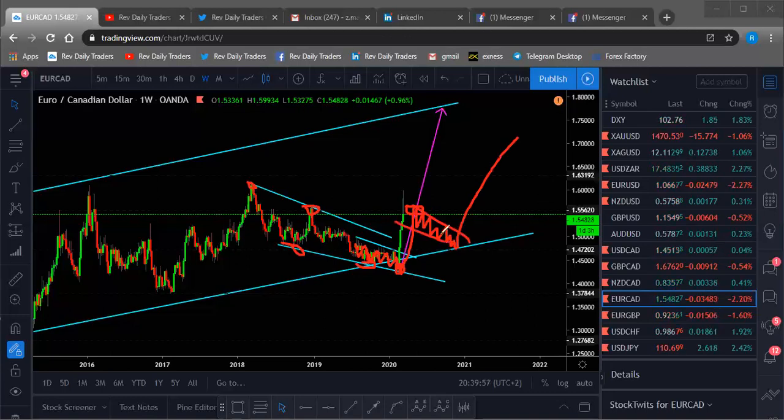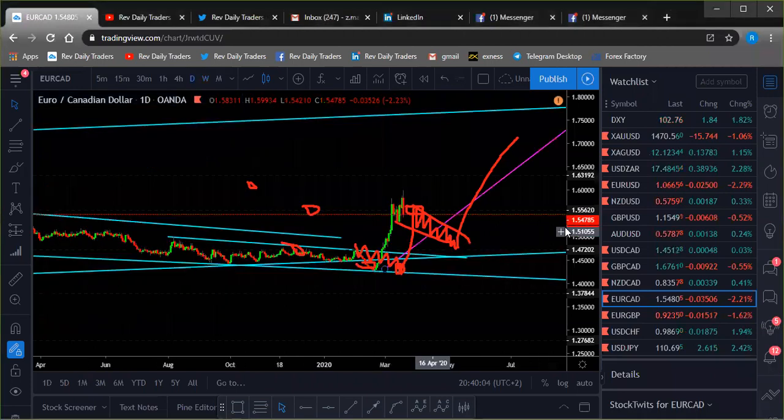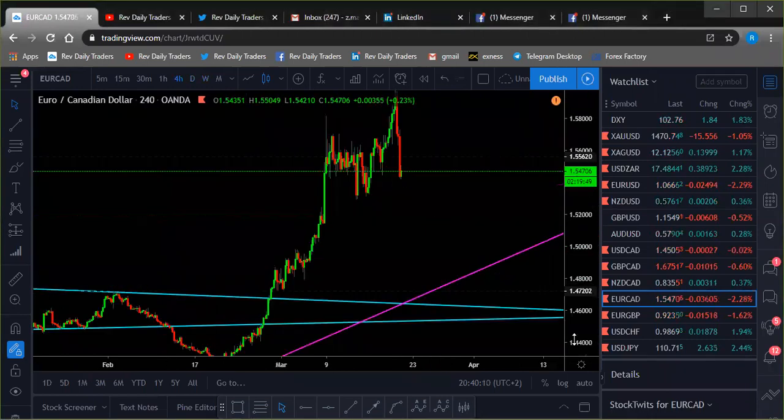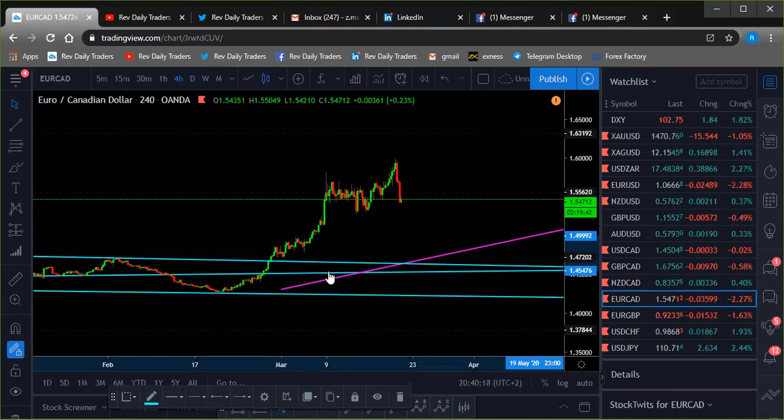It's going to correct on weekly, but what to do on lower time frame now, all you need to do is let me remove these trend lines so that it can be clear.